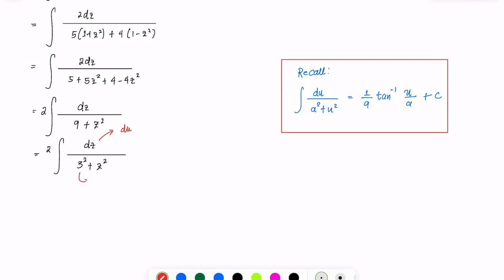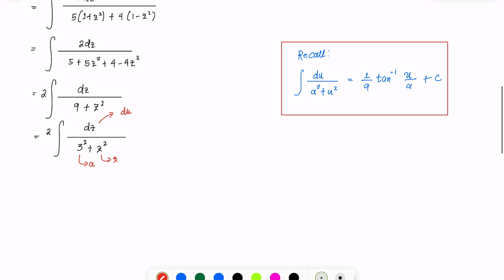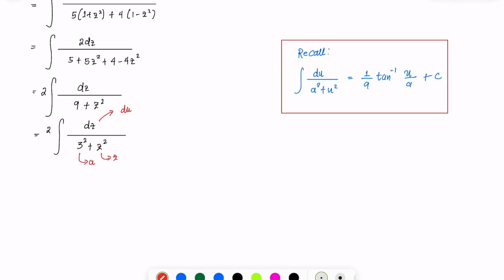This is telling you that a is 3 and your u here is the z part there. So this integral is simply equal to 2 multiplied by 1 over a, but as I've said, a is 3, so I get 1 over 3.